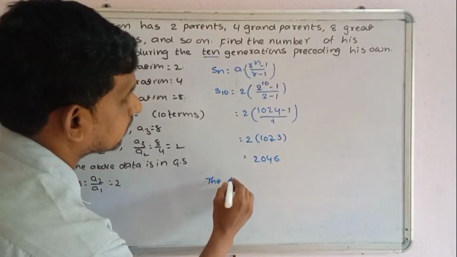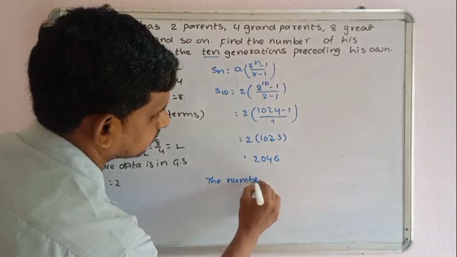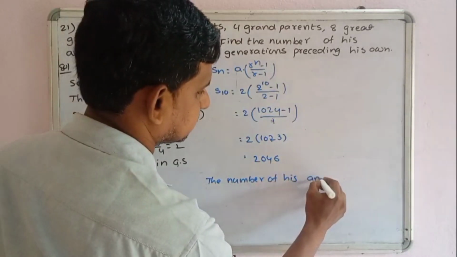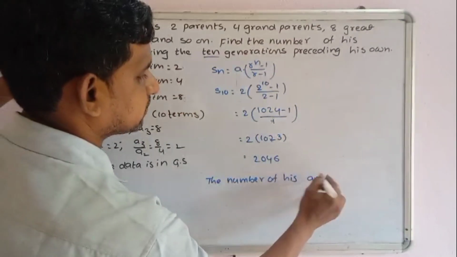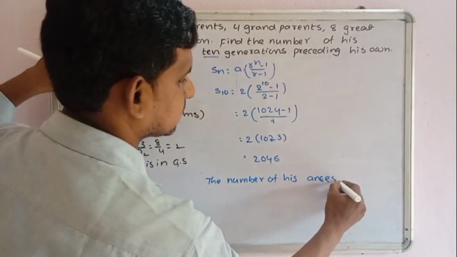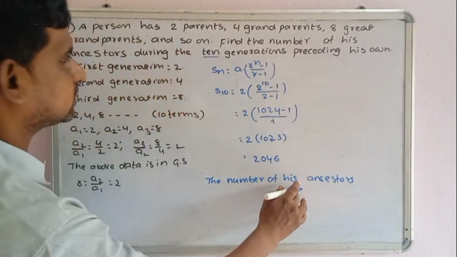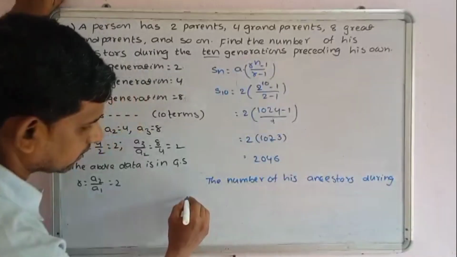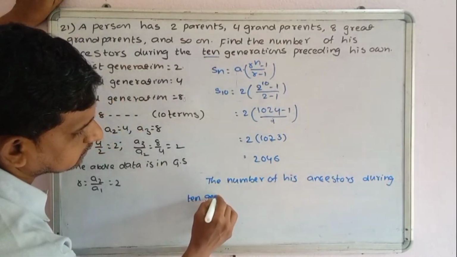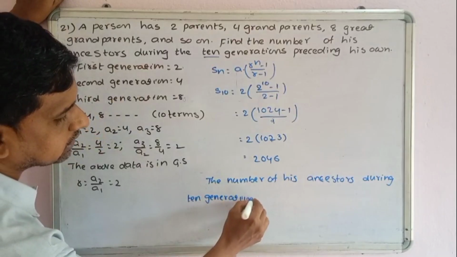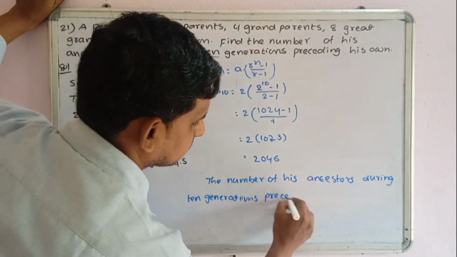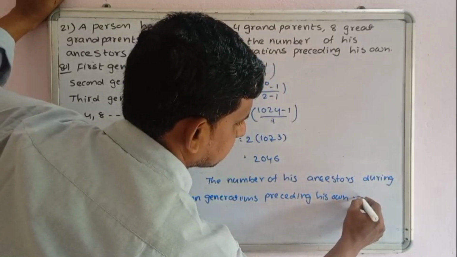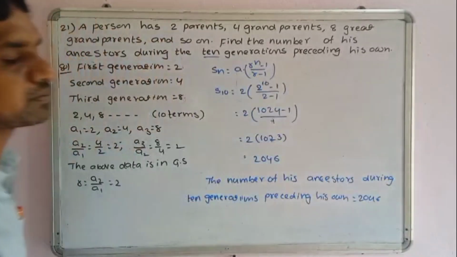The spelling of ancestors is A-N-C-E-S-T-O-R-S. The number of his ancestors during 10 generations preceding his own equals 2046.